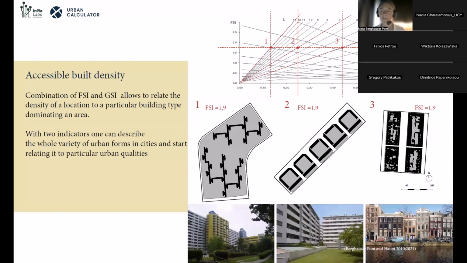So now I have covered the first type of analysis that is embedded in the urban calculator. The second one is accessible built density. Here we build on the Spacematrix model, where you use several density measures.